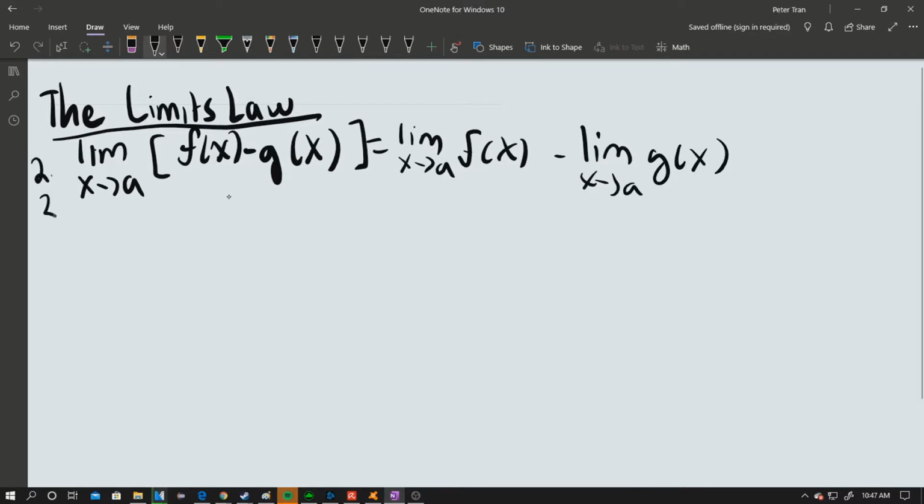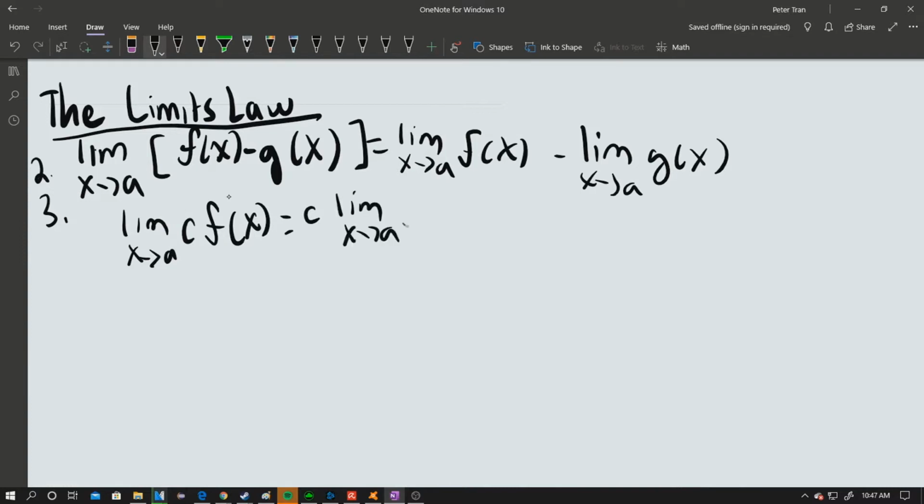So the third limit law is the limit of a constant times a function is equal to the constant times the limit of the function. All right, that's the third limit law.